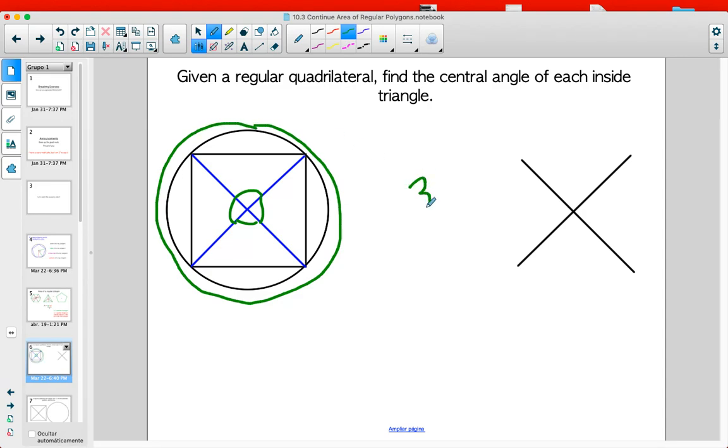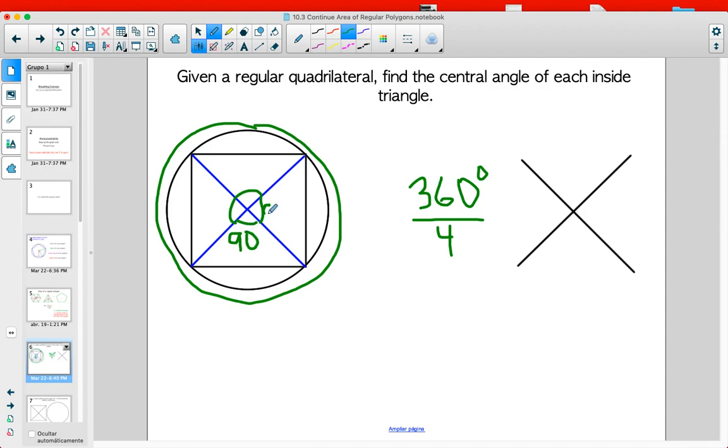So we're going to do 360 divided by 4. We divide by 4 because we have 4 congruent central angles. Dividing by 4 gives us the measure of one central angle. That measure is going to be 90, because 360 divided by 4 is 90.